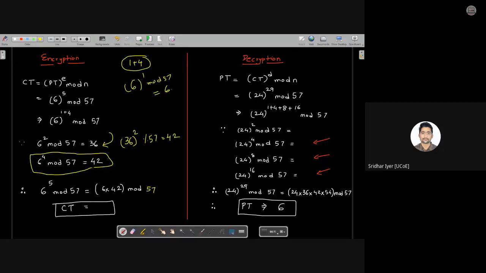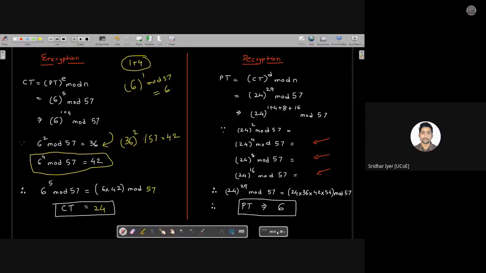Obviously, you can see on the right hand side, the answer has to be equal to 24. Yes or no? Just common sense. Correct. It has to be 24 because on the right hand side, I have taken the ciphertext as 24. You can verify our answers. It really comes out to be 24 only because we have not made any mistake in it.